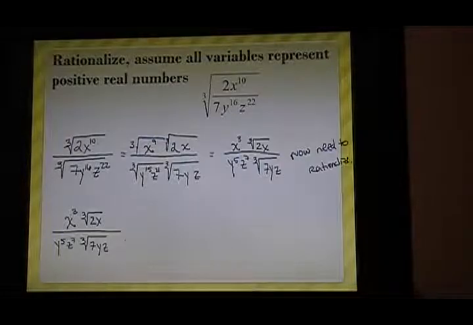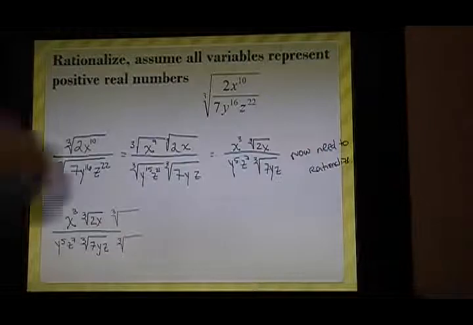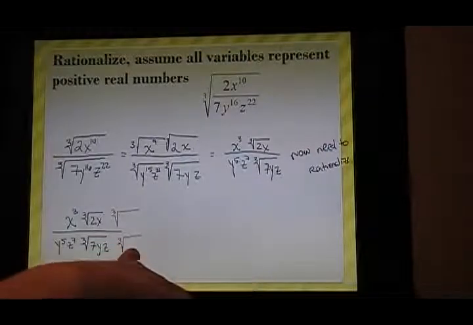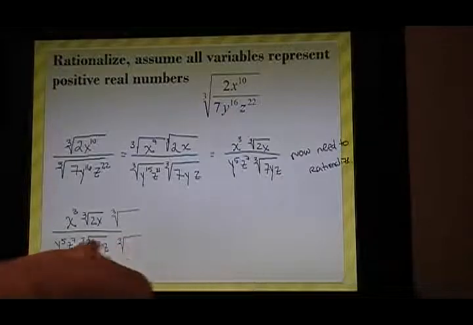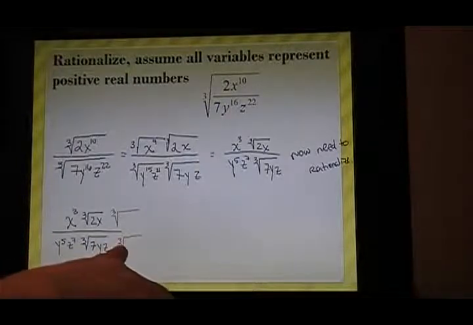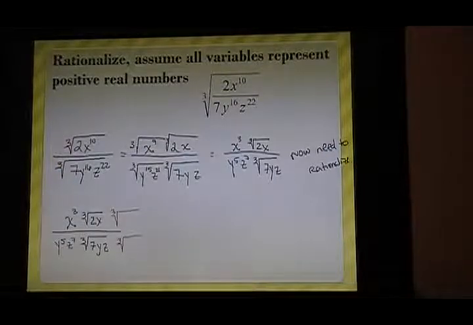Before, when we wanted to rationalize, we multiplied by square roots because we had square roots. Here we've got a cube root, so we need to multiply by a cube root. Also before, we were interested in getting the product of these two to be perfect squares, but in this case, since we're dealing with cube roots, we want the product of these to be perfect cubes. Let's write that down.